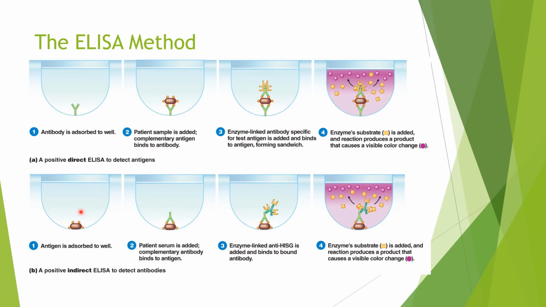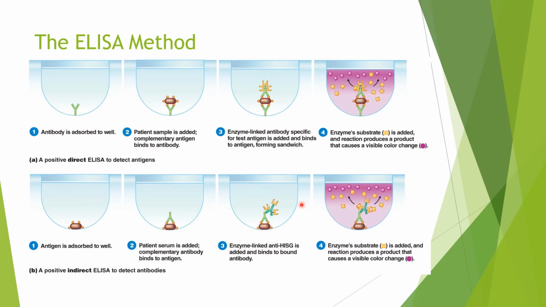No antibodies are bound. Why? Because this patient doesn't have that bacterial infection, and therefore they never made those antibodies. And so if you add the secondary antibody, it's not going to bind to anything because that secondary antibody only binds to the antibody.